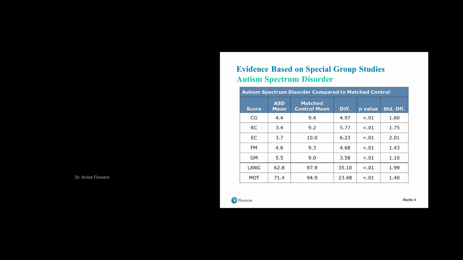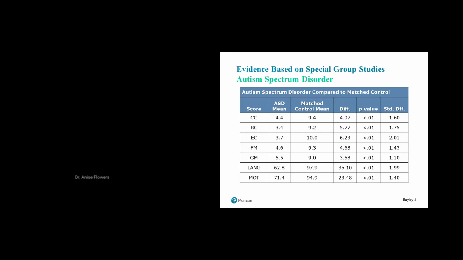Here we see the results of that particular study where we have our mean scores for the autism spectrum disorder group along with the matched control group, and all of them are significantly different on the p-values. So at the top, we have our subtest scores that have a mean of 10, and you can see the control group is close to that, but our sample is scoring like average 3 to 5.